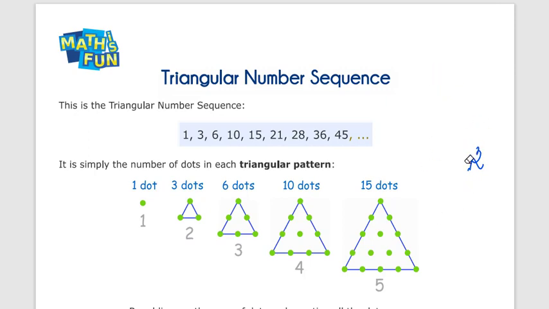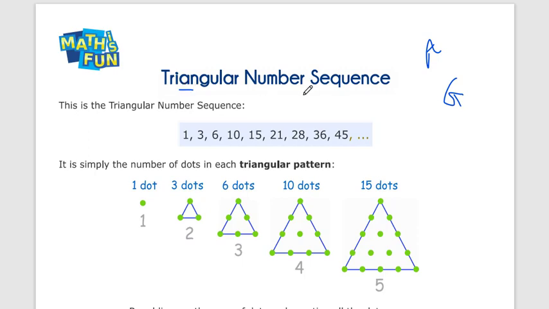In the last lecture we also discussed different types of sequence, like arithmetic and geometric sequence. In this lecture we will talk about the remaining type of sequence, the triangular number sequence.